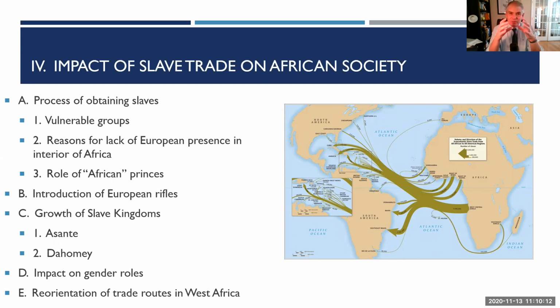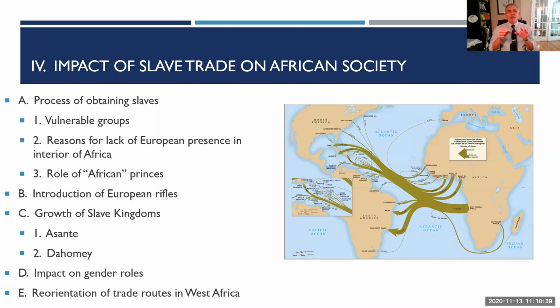And larger central governments are going to start struggling, and smaller localized kingdoms are going to start to grow. So if you remember throughout our semester, what we've been talking about with West Africa is the development of pretty significant empires. That's going to be undermined by this developing slave trade that's going on. Which brings me to the growth of slave kingdoms.